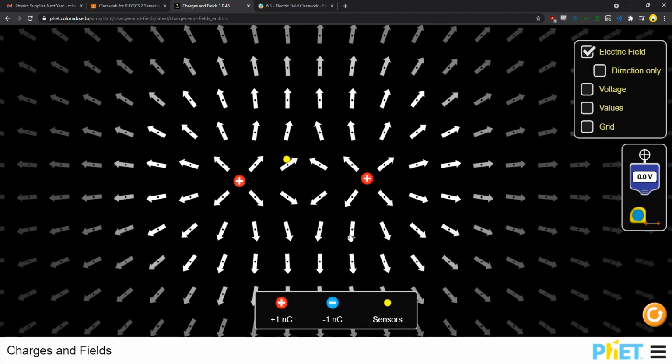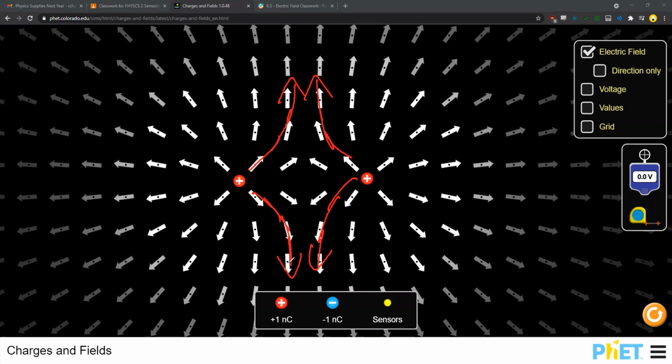Let me just redraw the field line. If I were to put a positive charge anywhere near here, this object will want to go along this curved path.